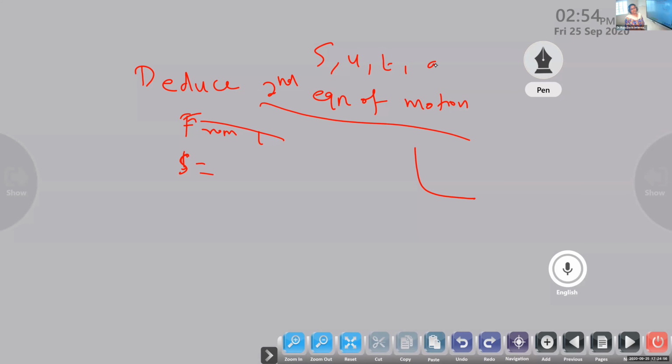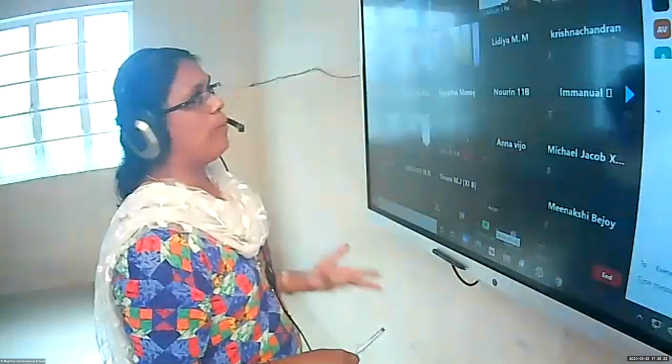In between there is a substitution. We have the velocity time relation, at is equal to v minus u. Substitute at in that equation and you get the final equation, S is equal to ut plus half at square. Clear? So this is the method.